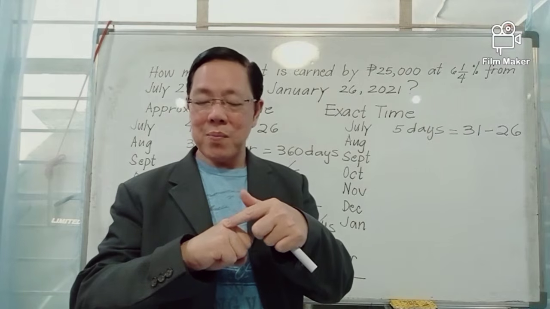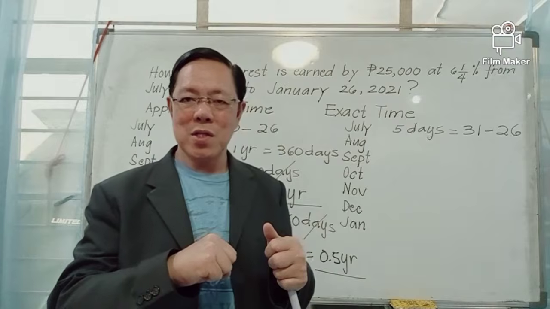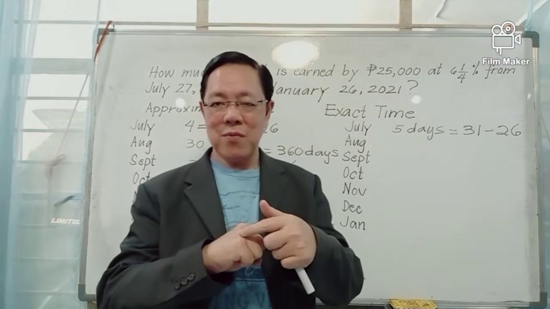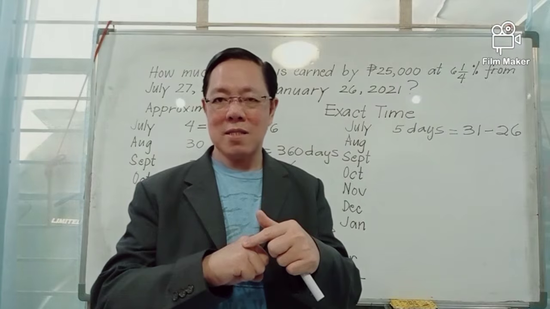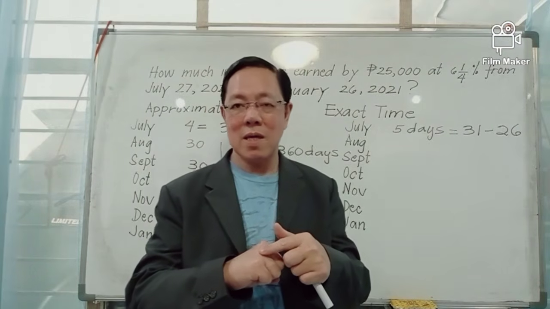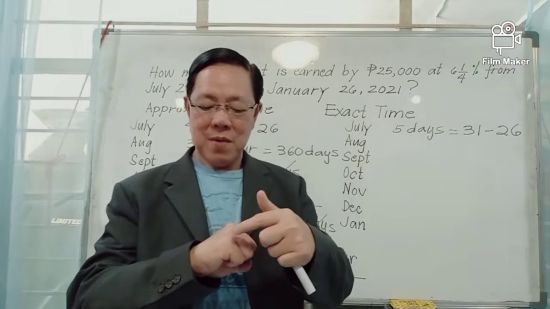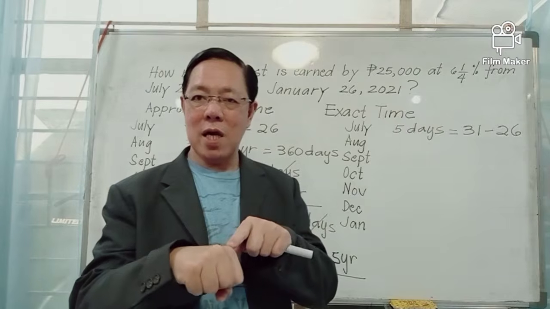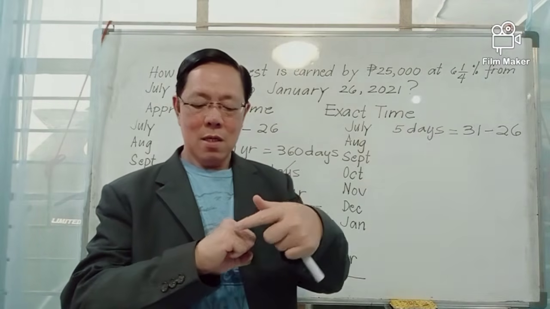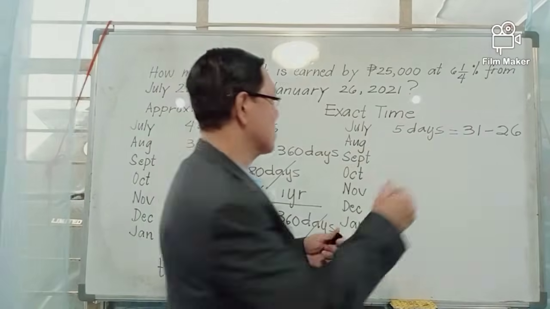If the month falls on your knuckle, the month has 31 days. If the month falls between your two knuckles, the month has 30 days, except for February that has 28 days. January, February, March, April, May, June, July. July has 31 days. August, 31 days.